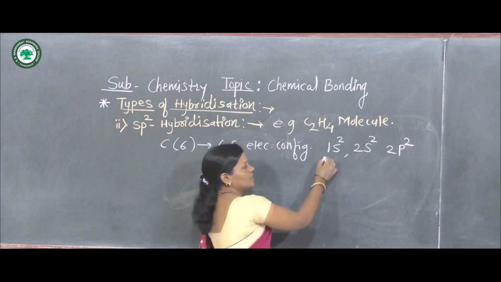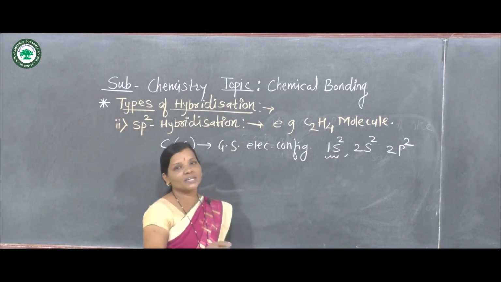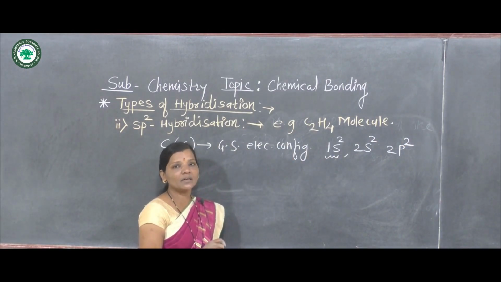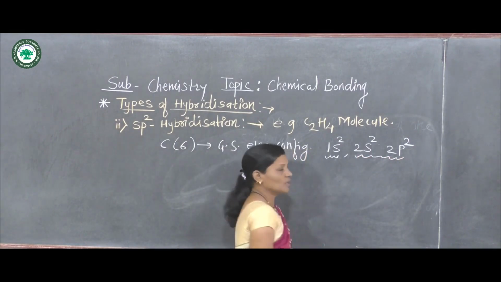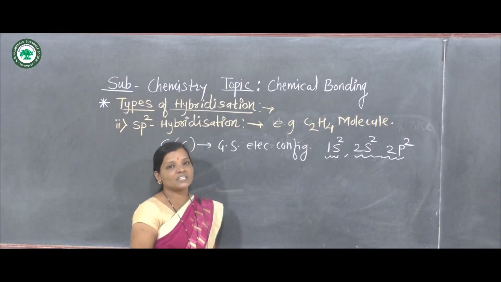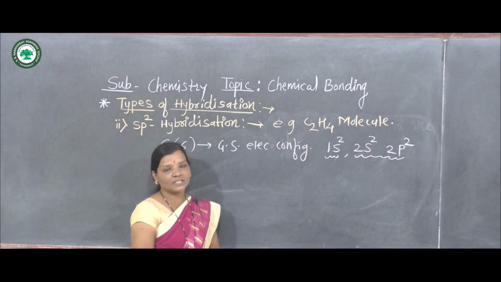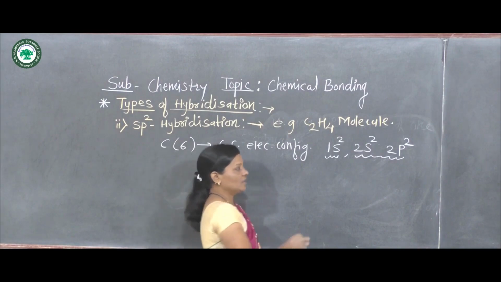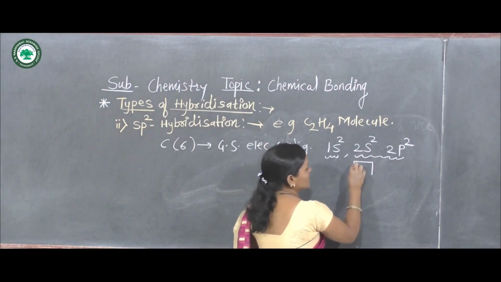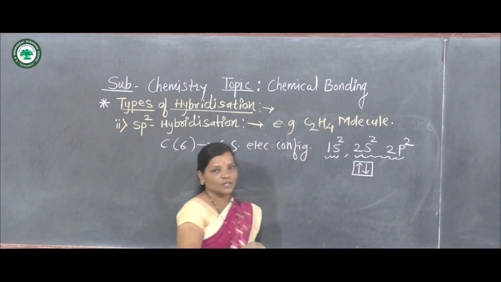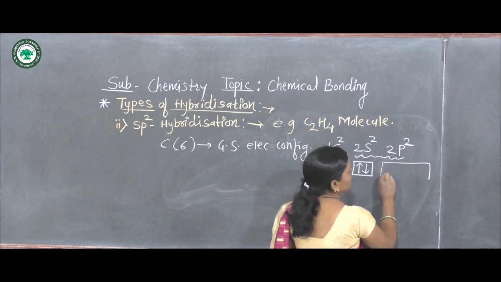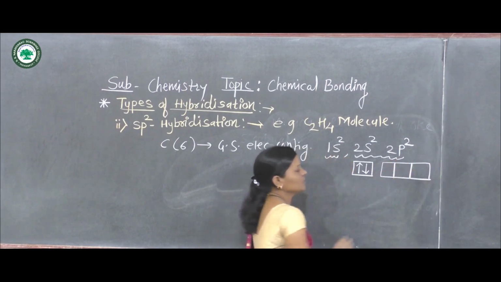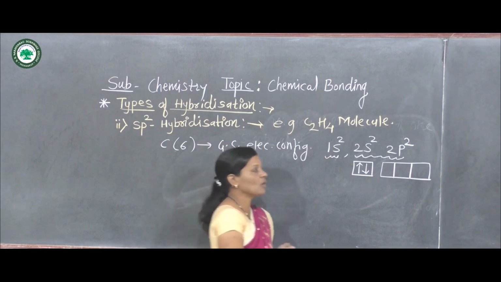Now here 1s2 electrons are the inner shell electrons which do not participate in the hybridization, and the valence electrons or outermost electrons present in the valence shell participate in the hybridization. And here we can write the box diagram. Here 2s electrons are paired electrons, and here 2p orbitals. Now here there are total 3 sub-orbitals of p.